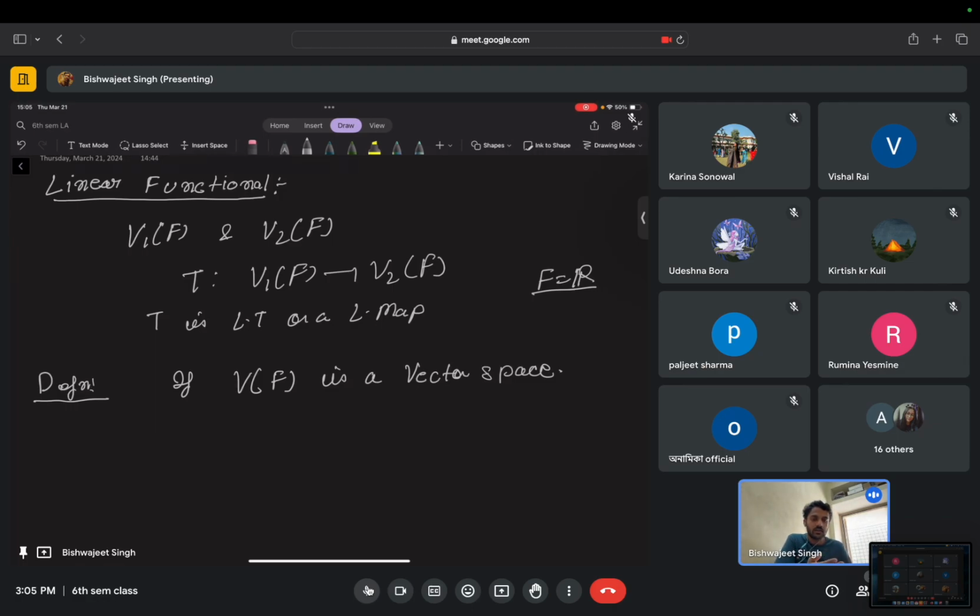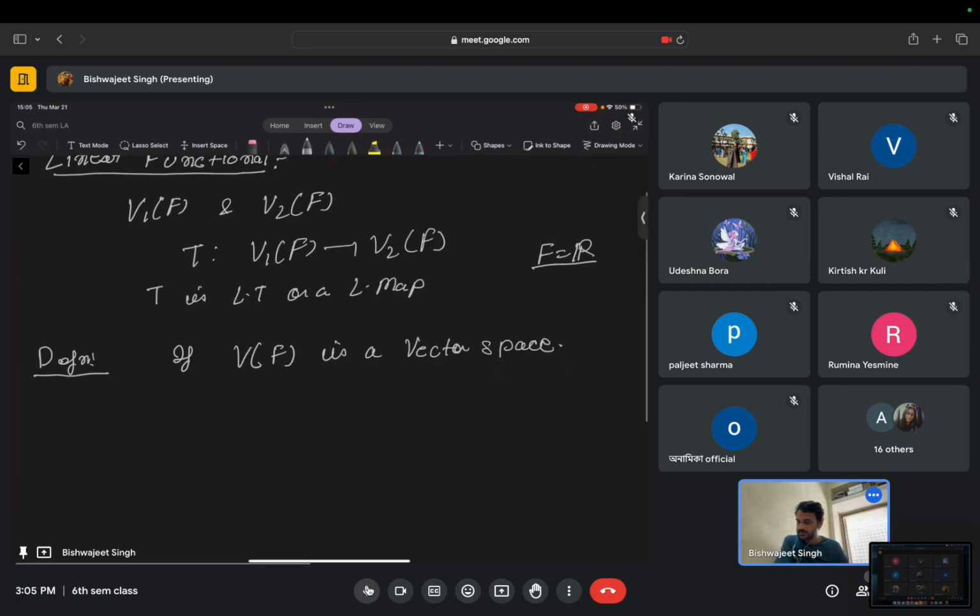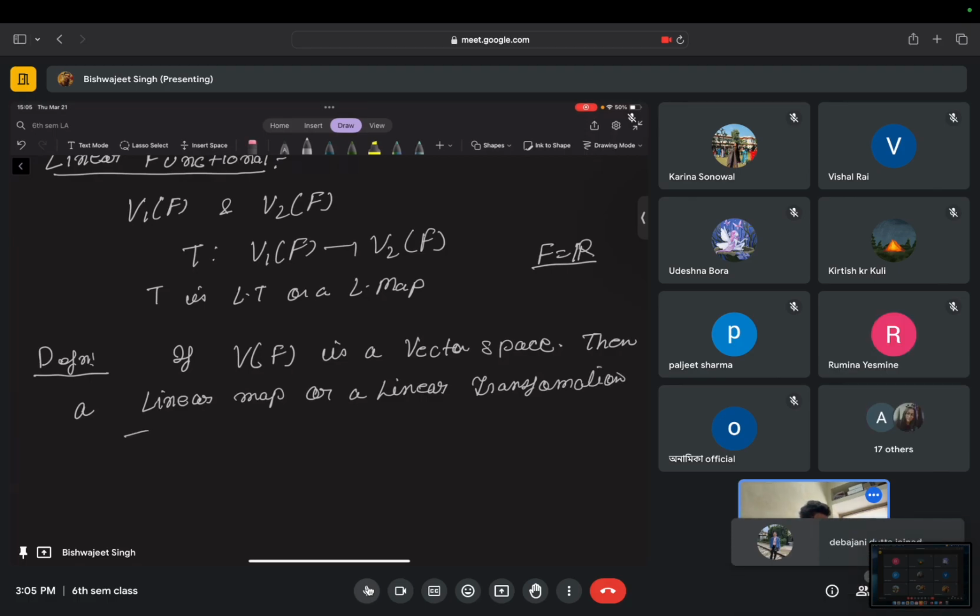F can be something else as well. So if V over F is a vector space, then a linear map or a linear transformation from the vector space to F is a linear function.